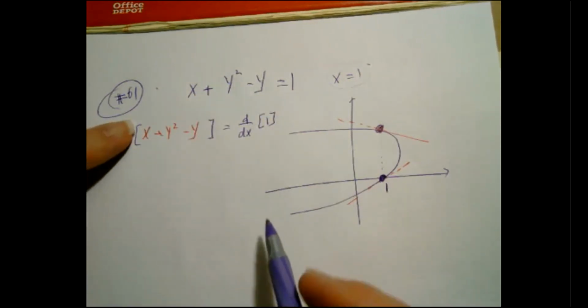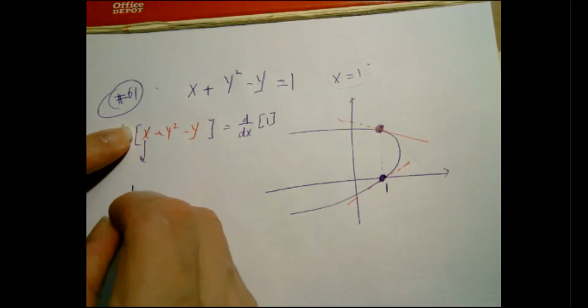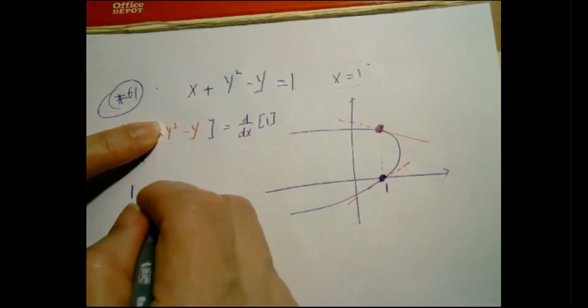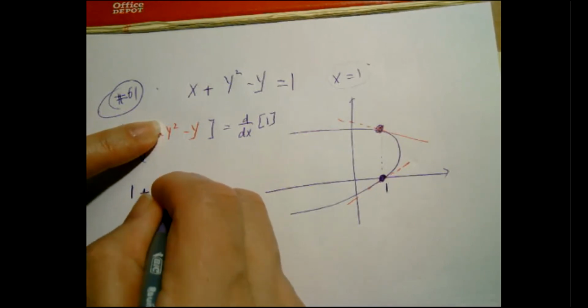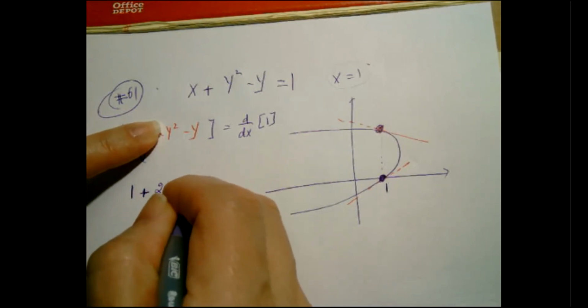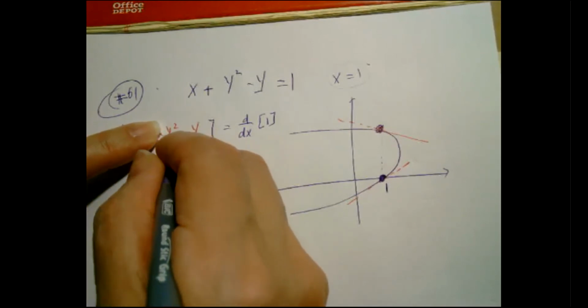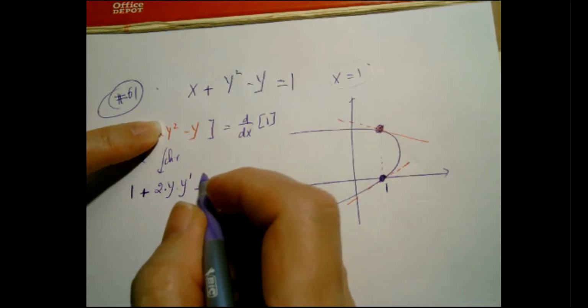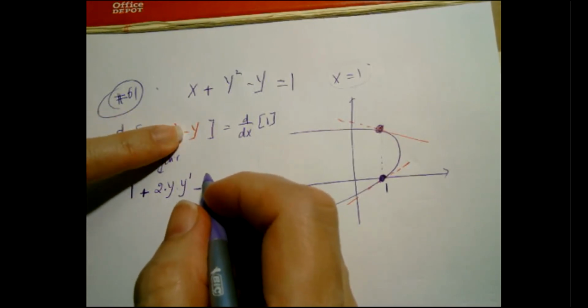Now I differentiate very clearly. The derivative of x is 1 by now. Y squared, it's 2y. So that's my chain rule now. So from here to here is the chain rule times the derivative of y, minus what?